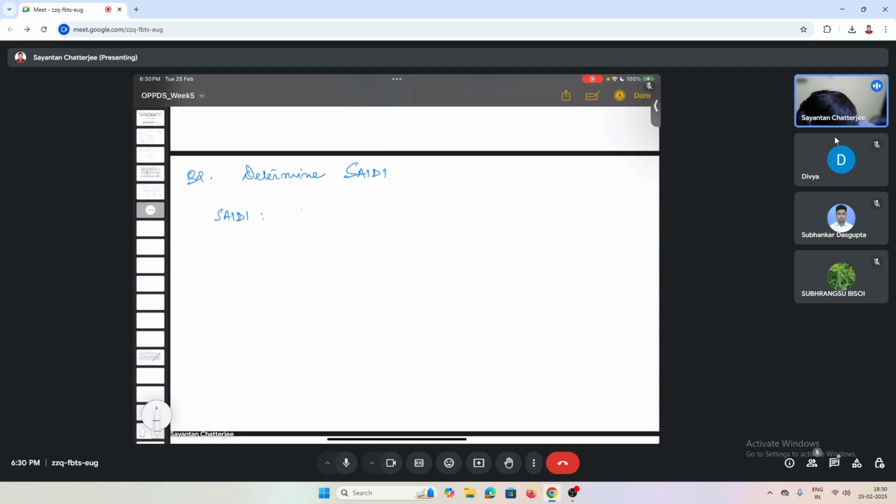So here the numerator is the summation of customer duration with interruptions, divided by the total number of customers. Here also the denominator is the total number of customers.